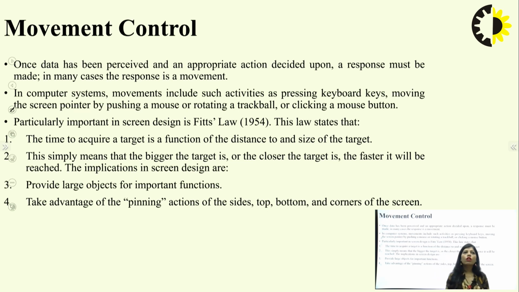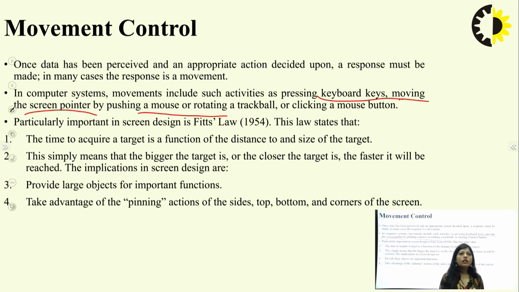Firstly, you collect the information from the environment, after that a response is made and the response is called movement. In a computer system, movement includes such activities as pressing keyboard keys, moving the screen pointer by pushing a mouse or rotating a trackball, or clicking a mouse button. So these all are movement controls.